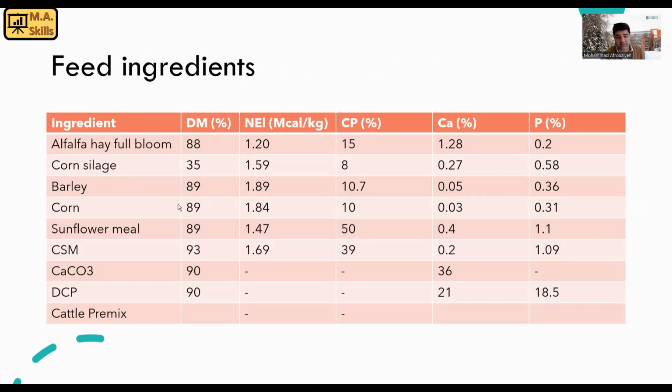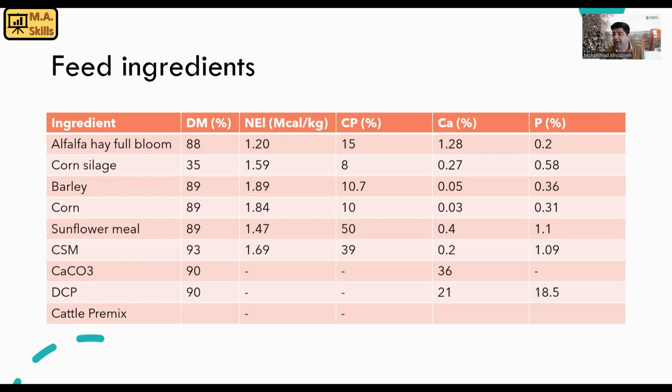But remember, in our concentrate, as I showed you here in the feed ingredients list, we have some feed ingredients like barley, corn, sunflower meal, cottonseed meal. You can see they have energy and protein, but we have a part which we call slack space. They are feed additives like calcium carbonate, dicalcium phosphate, cattle premix, enzymes that you are using in the diet, antibiotics, different premixes.